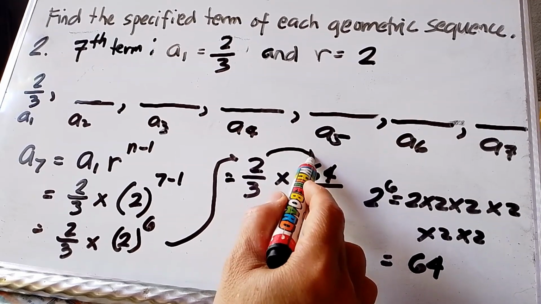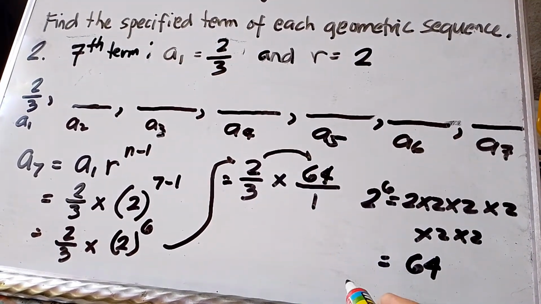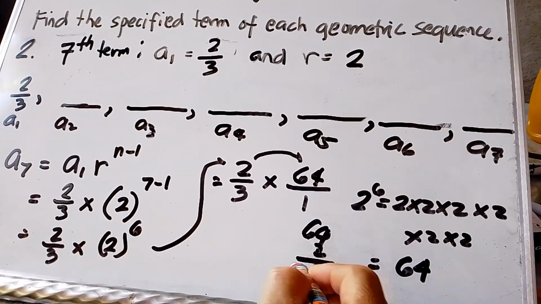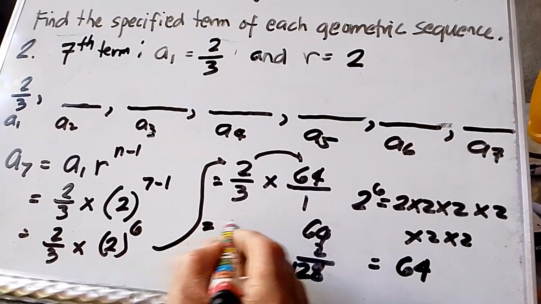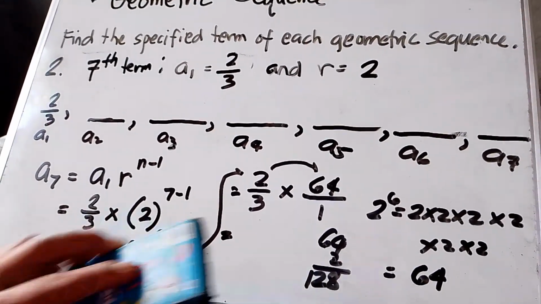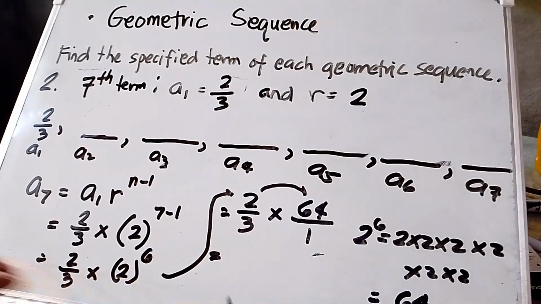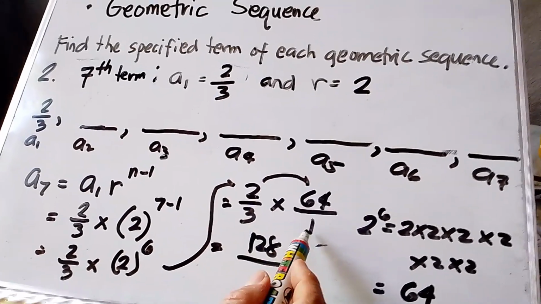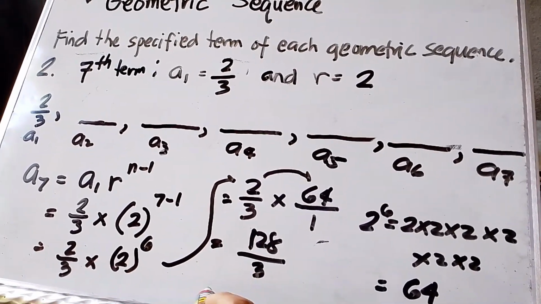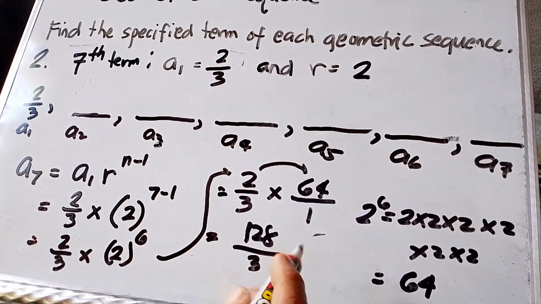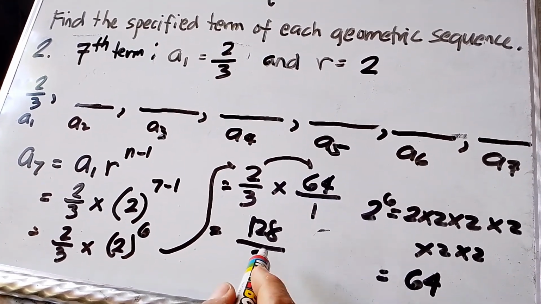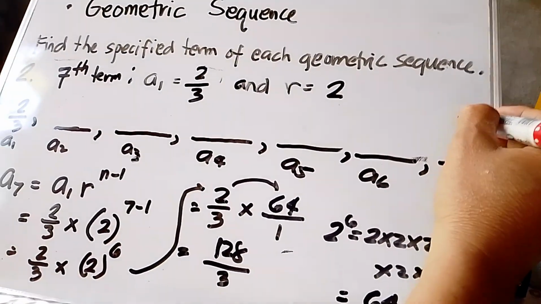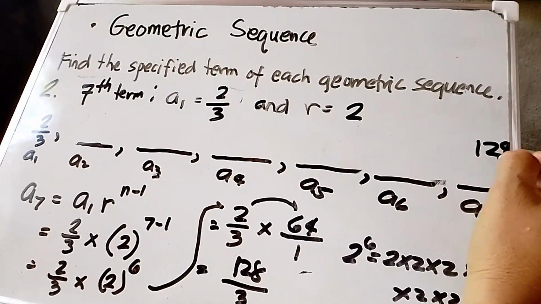So I need to multiply 2 times 64. So 2 times 64, this is 8, and this is 12. So for the numerator, I have 128. Then for my denominator, 3 times 1 is 3. So my last term is equal to 128 over 3.